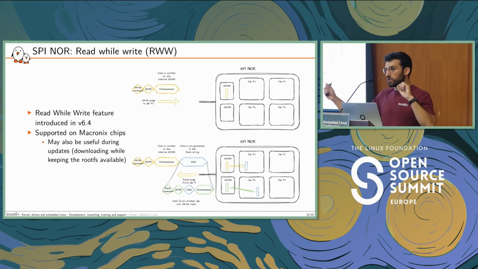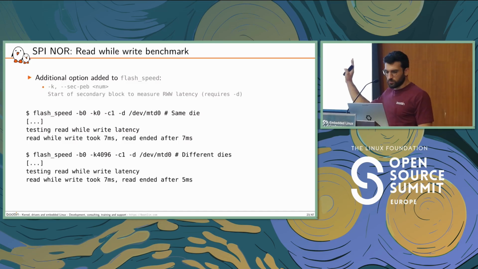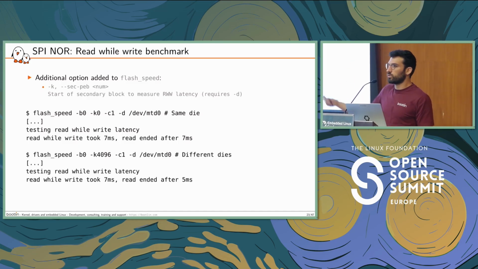This requires that you access two different areas of the chip, which are typically named dies. There is an additional feature in flash speed to measure that. So just a mention of that tool again, which has been extended to benchmark this kind of improvement.